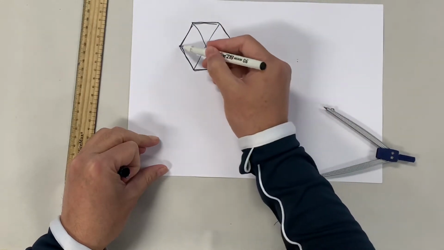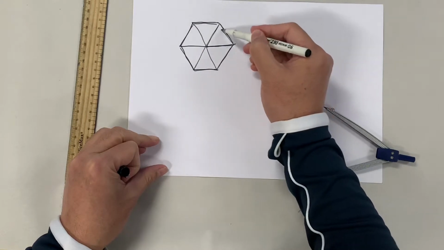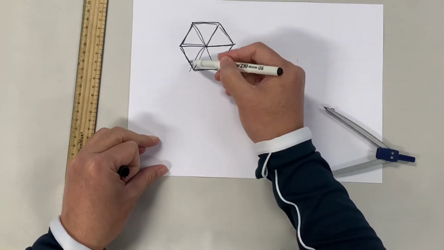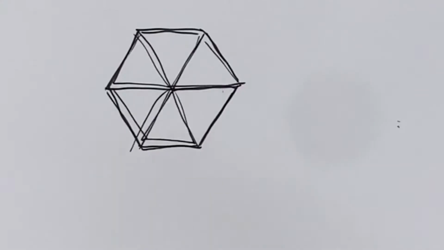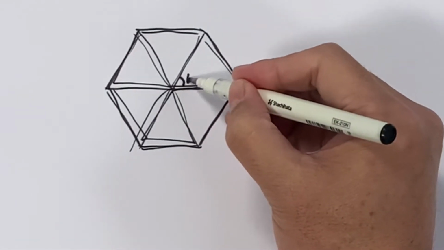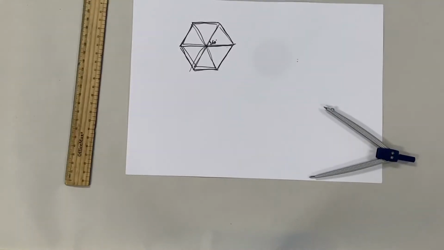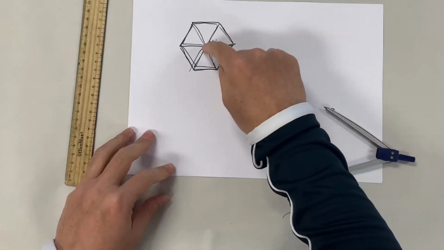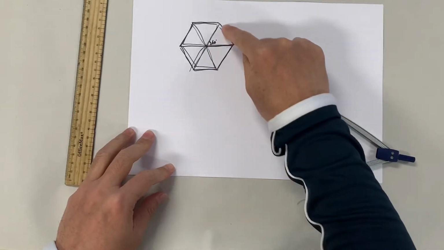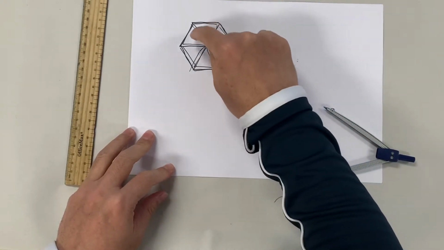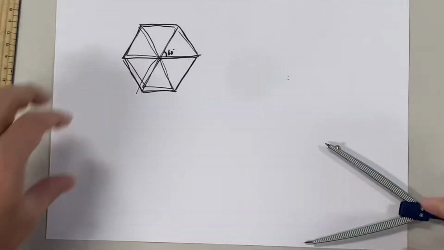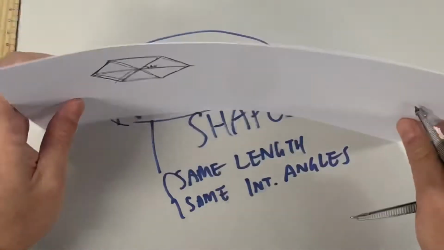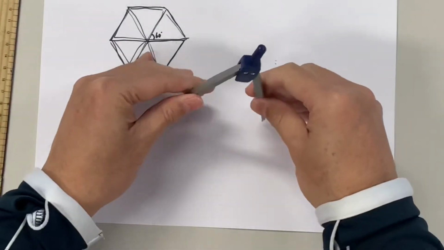And when you think about it, it's made of 6 regular triangles, right? And if you're in grade 6, this should be 60 degrees. So if I can draw a regular triangle, I should be able to put 6 regular triangles together. Or there is a different way.